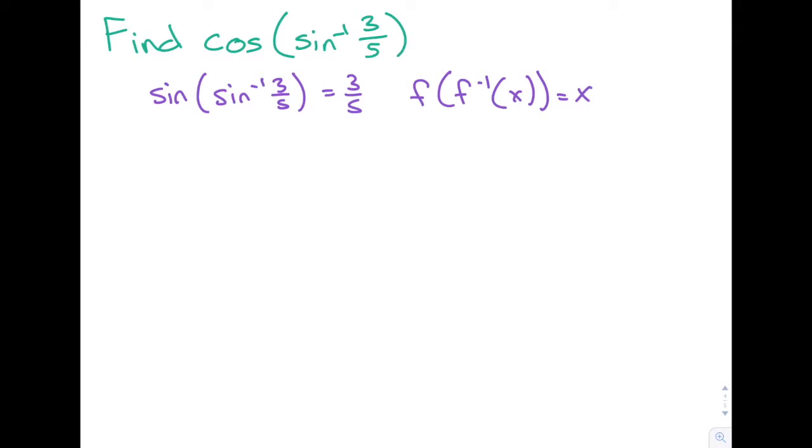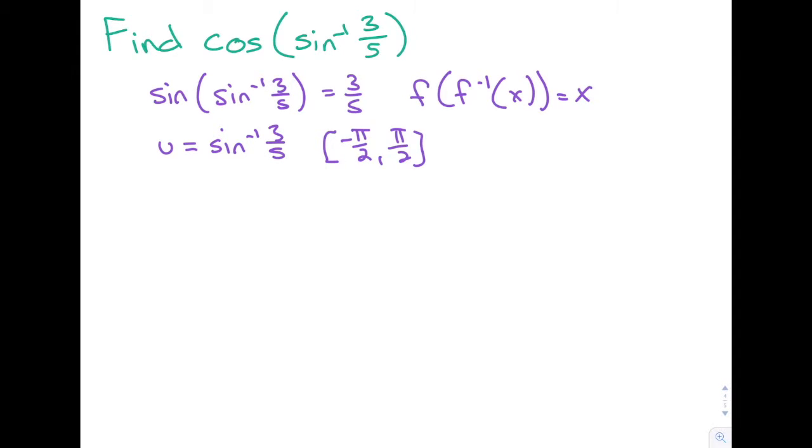So to find cosine of sine inverse of 3/5, we'll first find the cosine function in terms of the sine function. To make it a little easier, let's say u equals sine inverse of 3/5. Remember that in this case, u is an angle in the range of sine inverse, which is negative pi over 2 to pi over 2 inclusive on both sides.